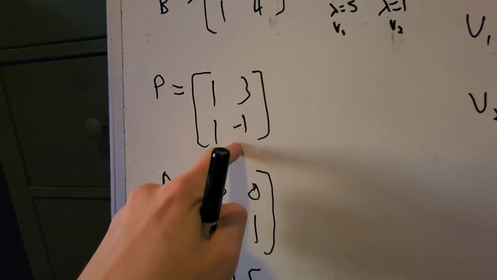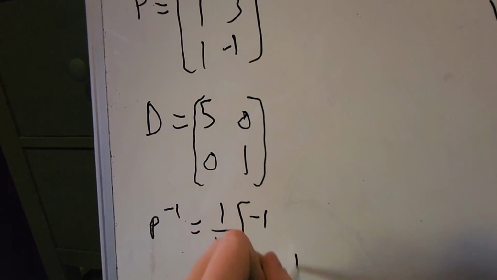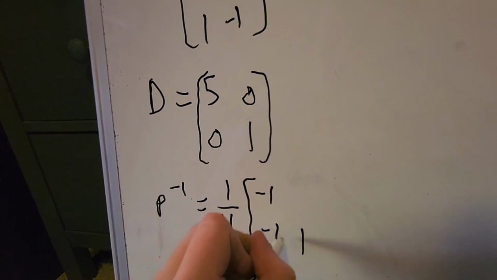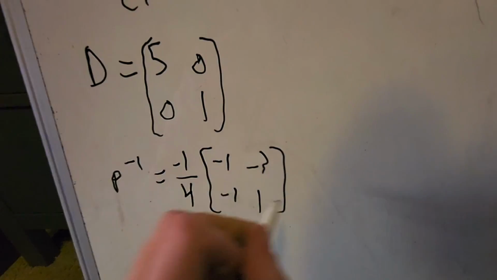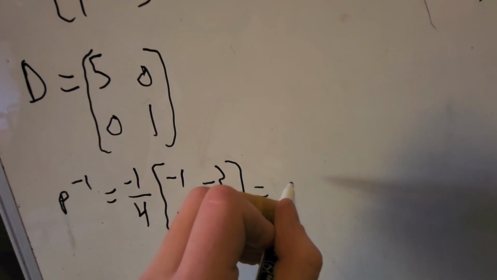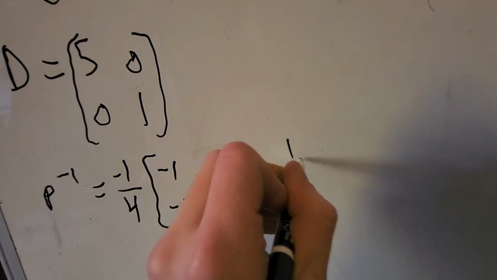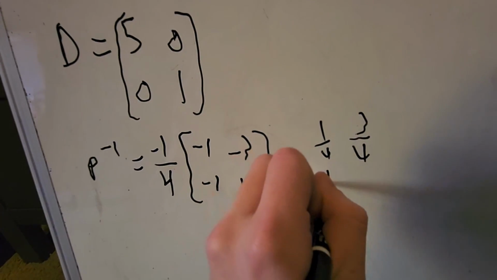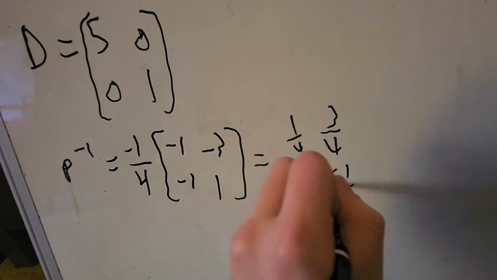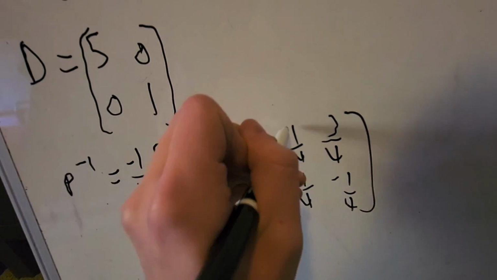And then this, we're going to switch these terms and negate these. So all of this to say, this is our P inverse matrix.